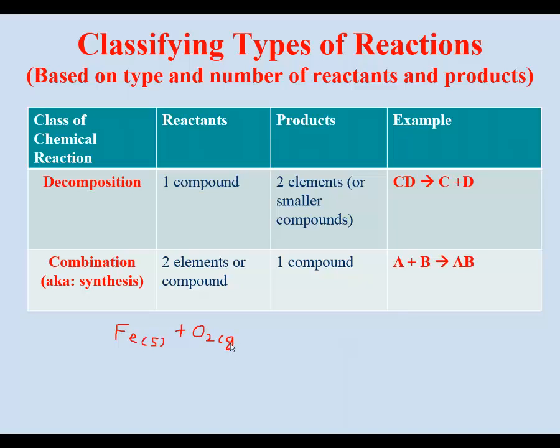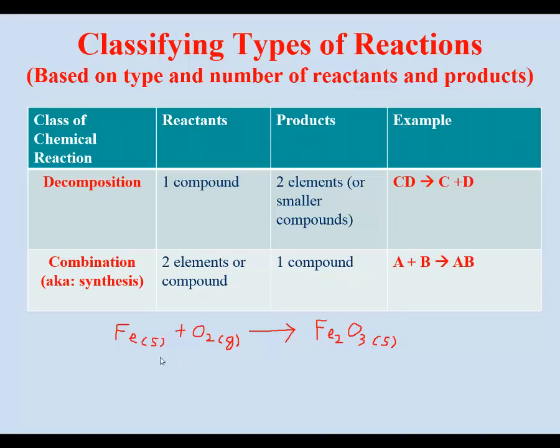And we end up forming a combination reaction or a synthesis reaction, where we end up with iron and oxygen. This would be iron 3 oxide as our rust. So I get my orange colored iron 3 oxide rust, and that would be a combination or synthesis reaction because I have two elements combining to form one compound.